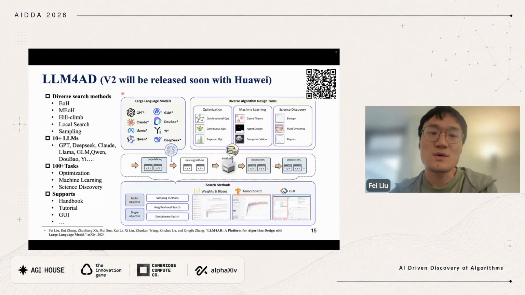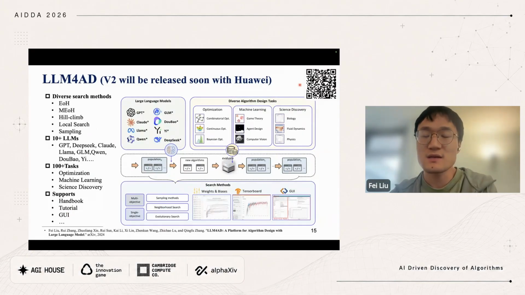So this is our platform. We have more than 10 search methods and more than 100 optimization tasks across different fields, including optimization, machine learning, and science discovery. We unified and modularized each part, with much support for your usage.